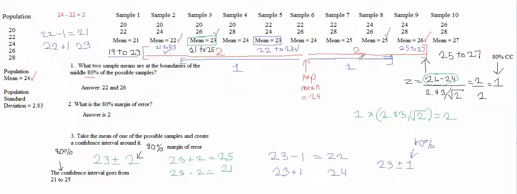What we're really doing to get this formula for the margin of error is taking this z-score formula that we used and multiplying both sides by the bottom of the z-score. I'm running out of space over here.